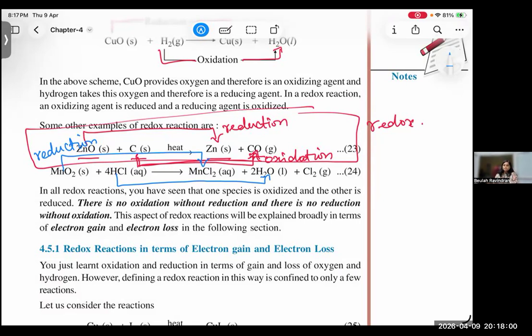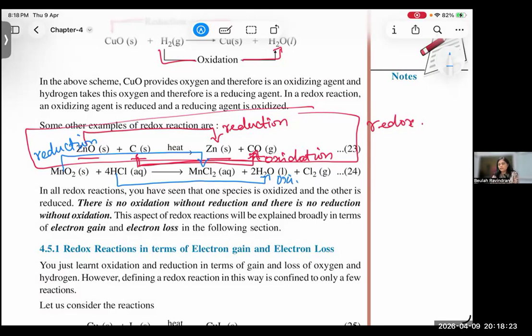So basically, 4HCl now becomes 2H2O. Chlorine is getting replaced by oxygen. Then what is happening here? So basically, it's a reduction reaction. No, oxidation reaction, sorry.